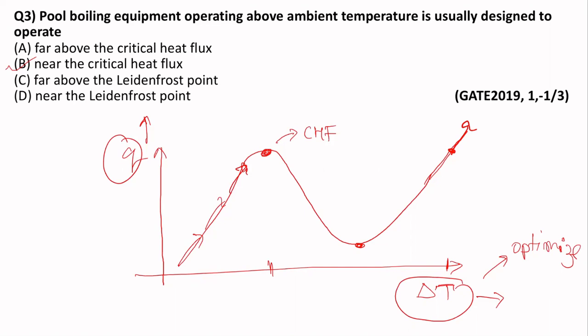The last two options, C and D, are talking about this particular region wherein the Q is minimum, and also they are conditions on temperature, whereas critical heat flux should be taken as the operating point. It should neither be far above nor far below the critical heat flux, so that some minor fluctuations in delta T will not lead to a very big change in your Q. So B is the correct option over here.